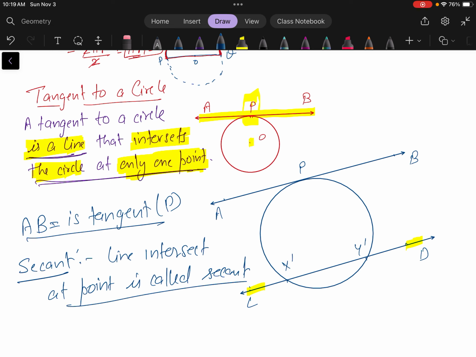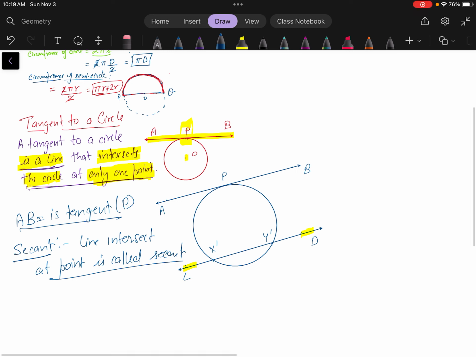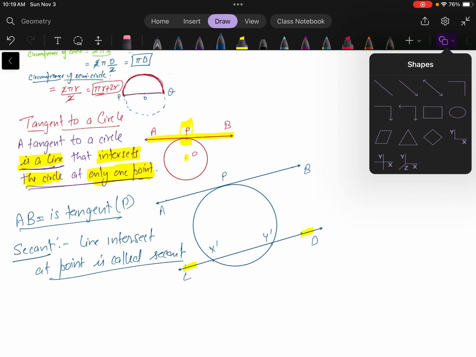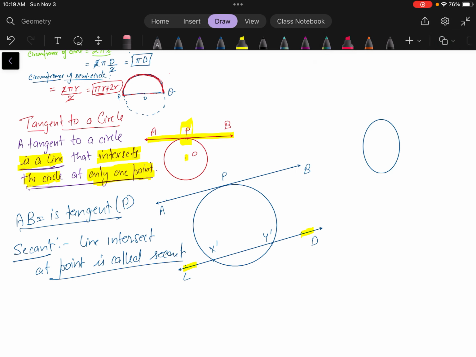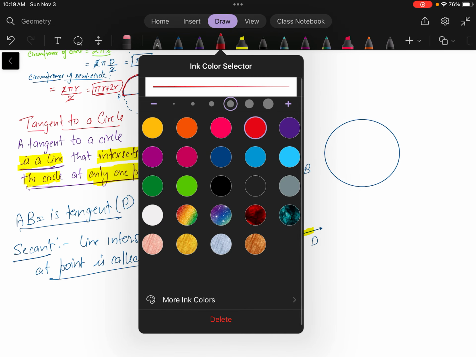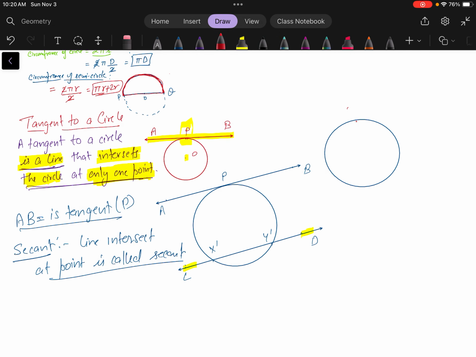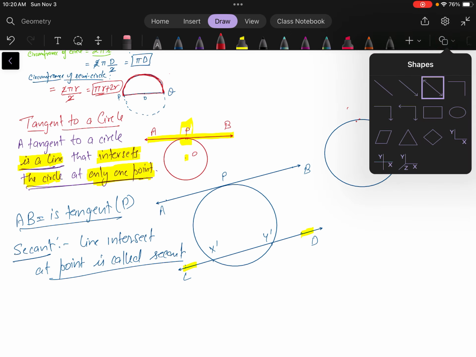And when we are discussing this, let's discuss one more property. If we have a circle, let's assume this is a circle, and this time first I will take one point on this circle. From this point I can draw only one tangent.